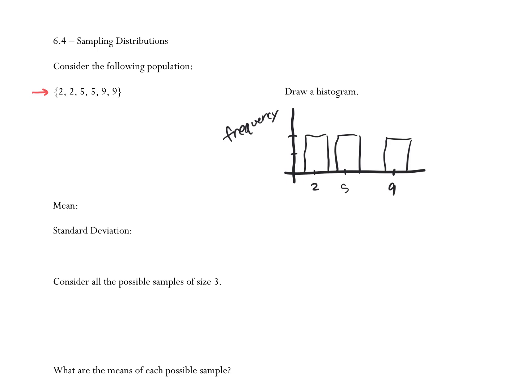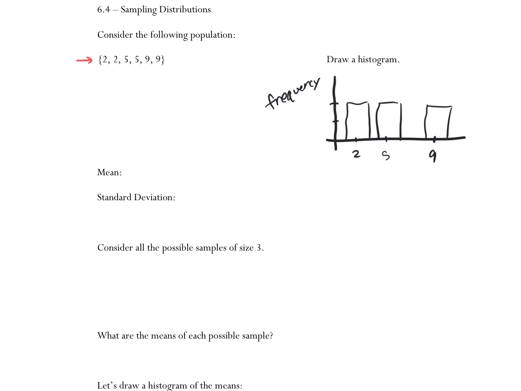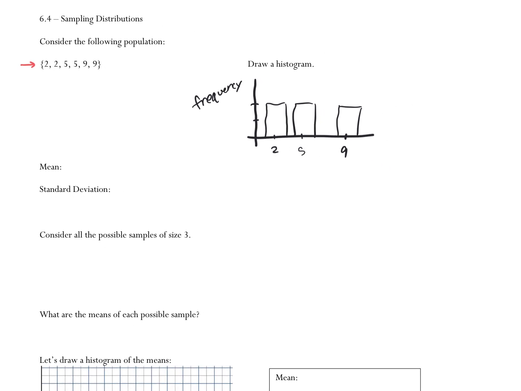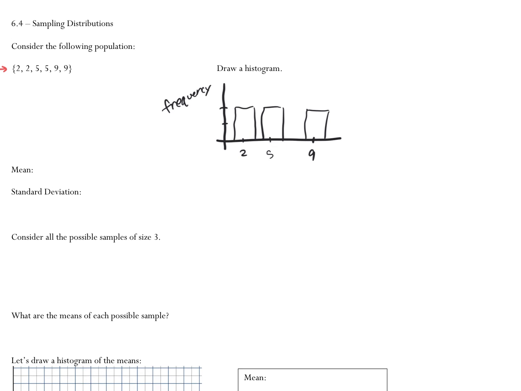All right, and so if I asked you, could we find the mean and the standard deviation of this population? So to find it, I would put the whole population in my L1.